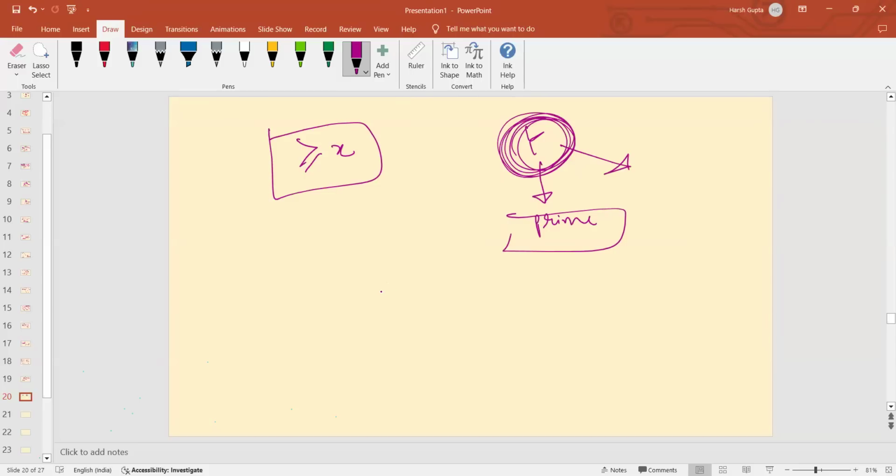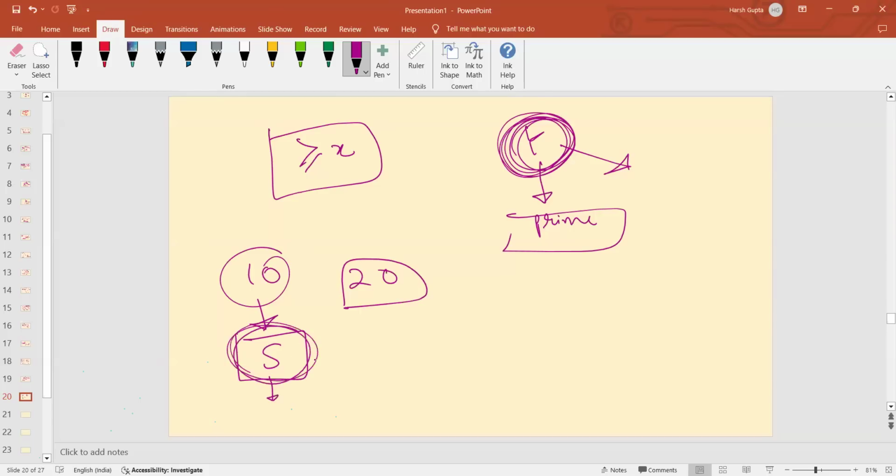Prime factors are the smallest factors possible. Like for 20, 10 is a factor, and you can break down 10 also. You can say 5 is also a factor of 20, but you can't break 5. So prime factors are the smallest factors for any number. We can say this, isn't it?